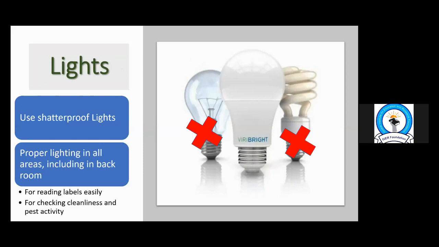And all lights that you put in your shop should be non-breakable, shatterproof. Only shatterproof lights should be kept, and there should be proper lighting in all areas. Proper lighting means if you want to read any label down in the corner, you should not have to take it out to the counter and then read.